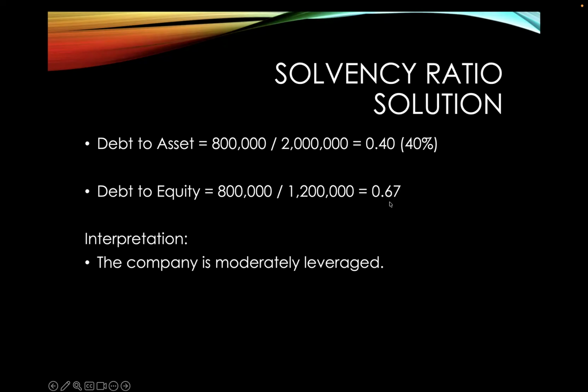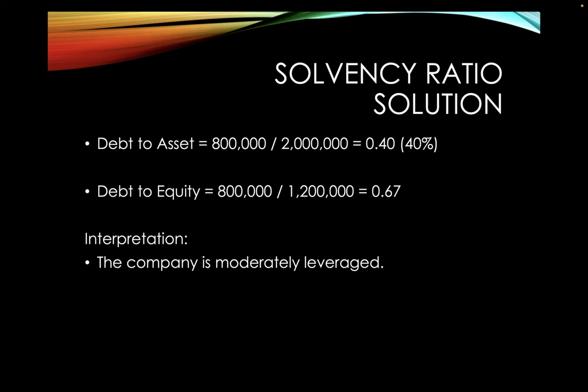Basically, the interpretation here is the company is moderately leveraged. So what does moderately leveraged mean? Basically, the company uses a balanced mix of debt and equity to finance its assets, typically with a debt to equity ratio around 1:1 or a debt to asset ratio around 50%.